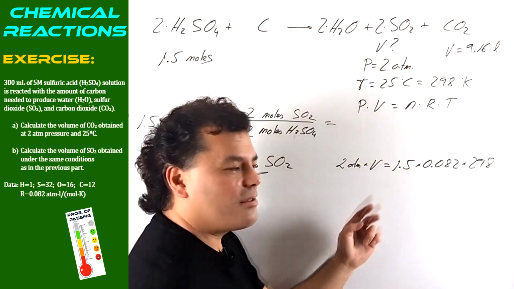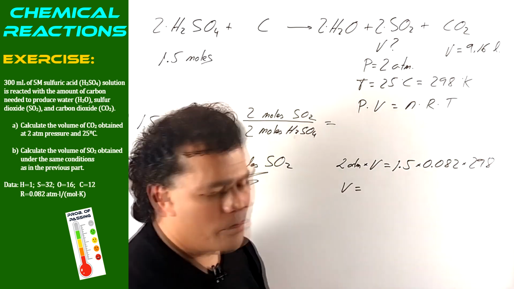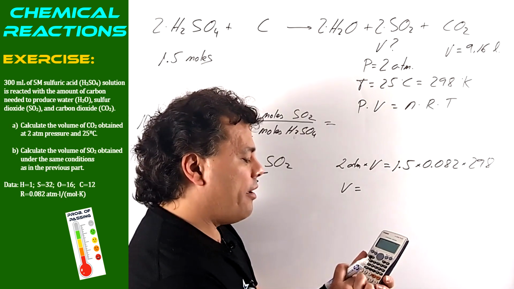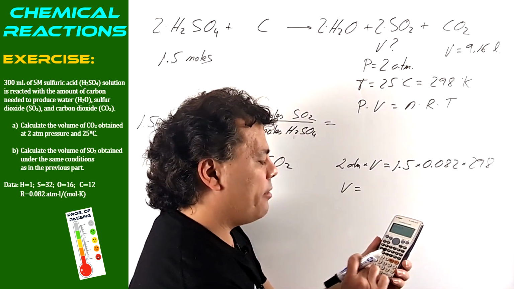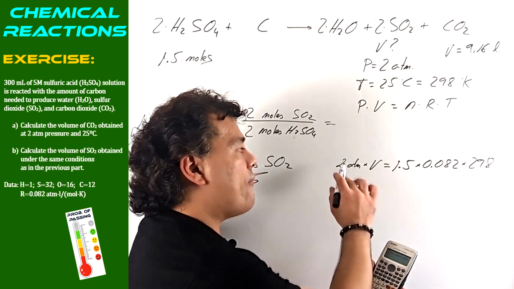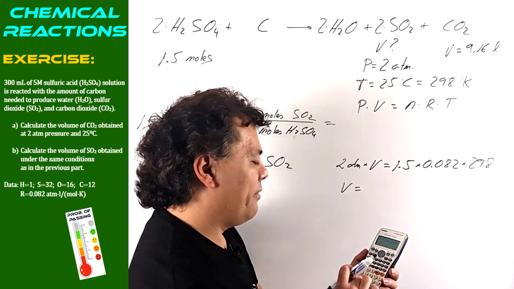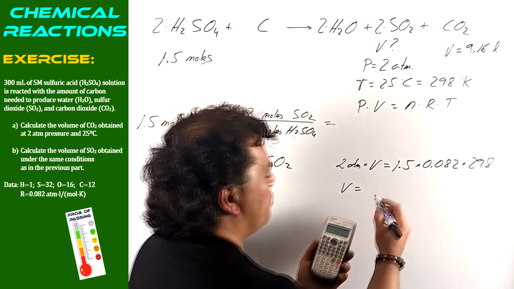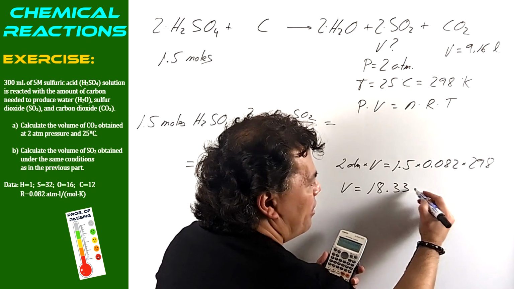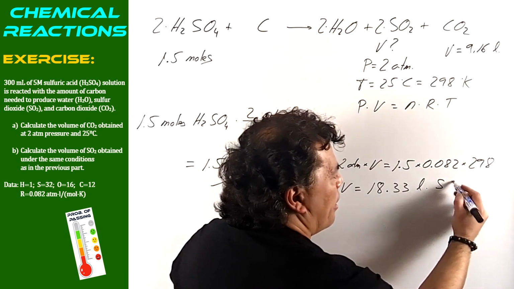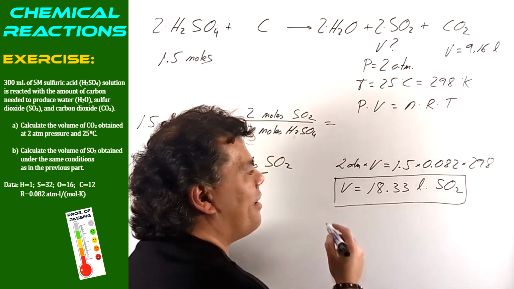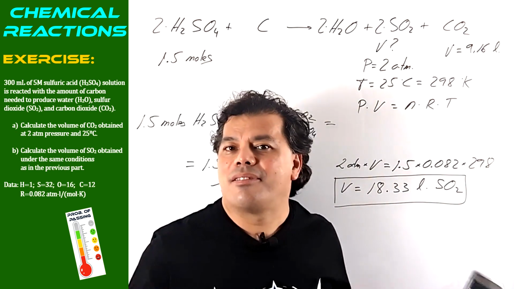Now let's use the calculator and the problem will be over. 1.5 multiplying 0.082 multiplying 298 and divided by 2. Check out if you obtain 18.33 liters of SO2, sulfur dioxide. And our problem is over.